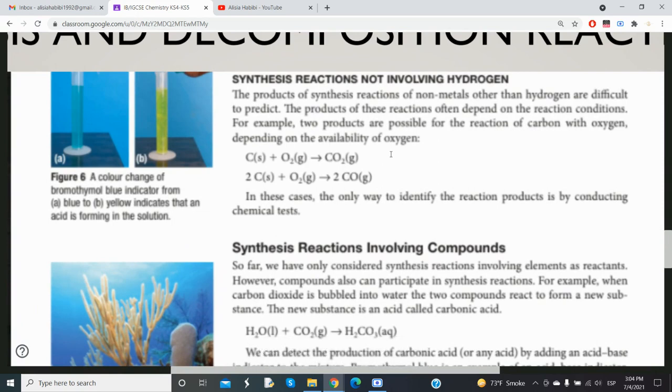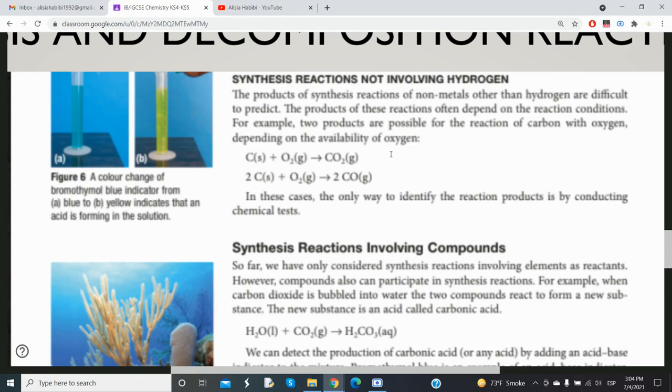So it depends on how much oxygen is available to produce a certain product, or compound, when 2 non-metal reactants react together. For example, here we can see carbon, which is solid, plus oxygen gas would give you carbon dioxide. This is an example of a synthesis reaction that does not involve hydrogen, but involves other non-metals.